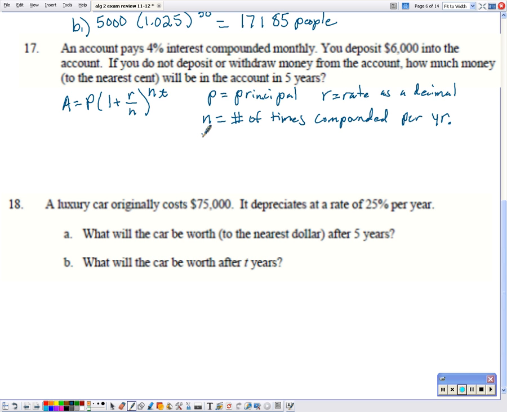And T is just years. So, we're going to have A equals 6,000 times 1 plus 0.04. Well, this is compounded monthly, so obviously 12 months in a year. And then raised to the 12 times 5.